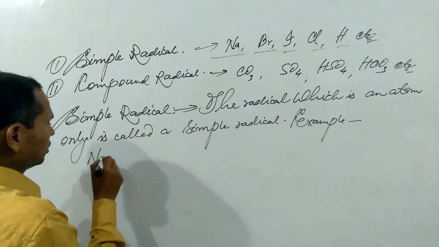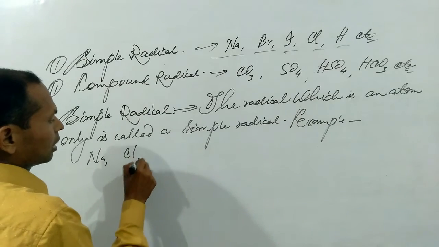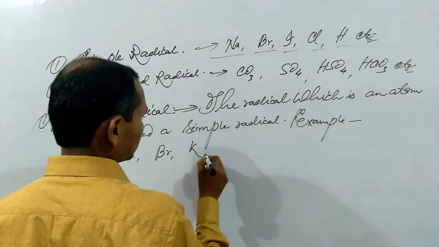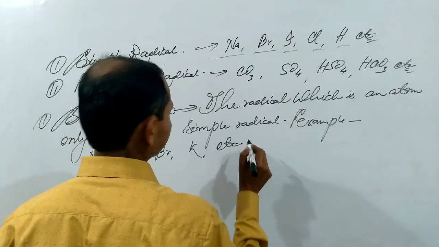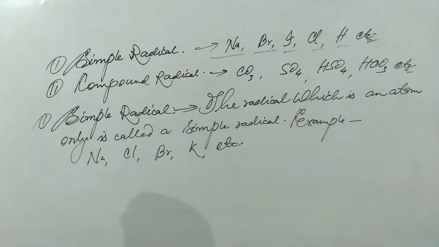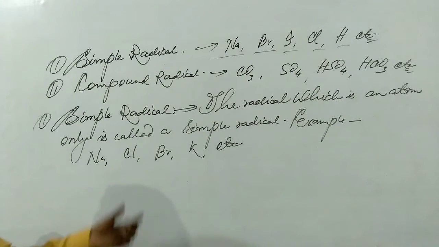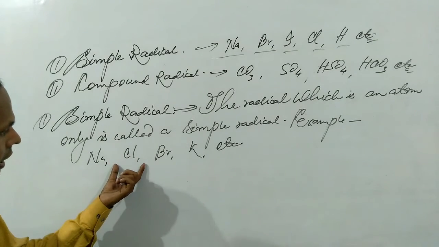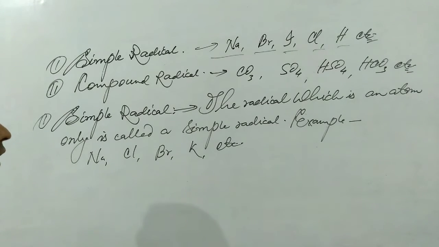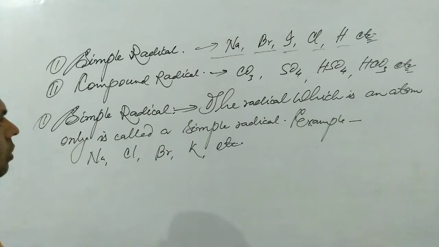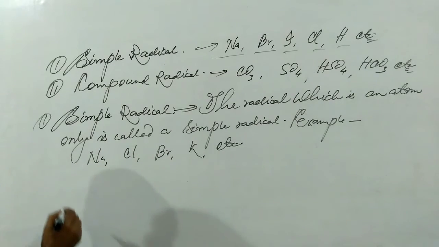Example: sodium radical, chloride radical, bromide radical, potassium radical, etc. These all are simple radicals because in this radical only one atom of sodium is present, in this radical only one atom of chlorine is present. Similarly, in this radical only one atom of bromine is present. So this is a simple radical.